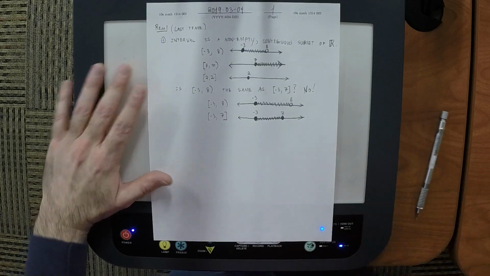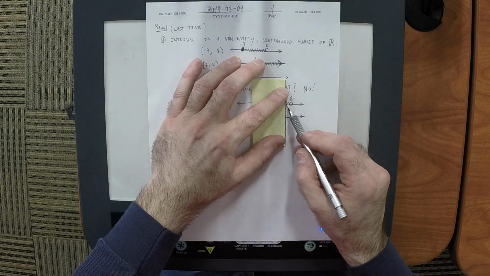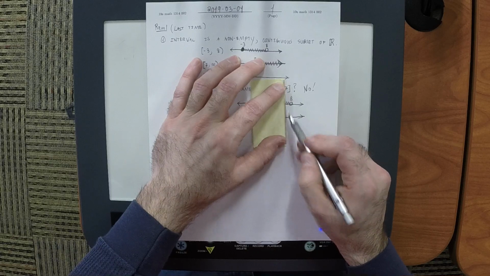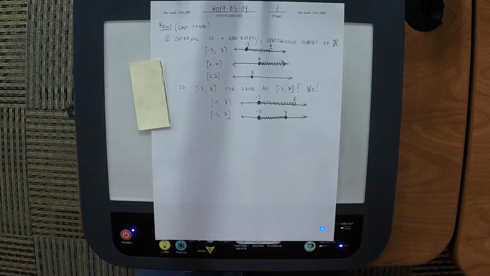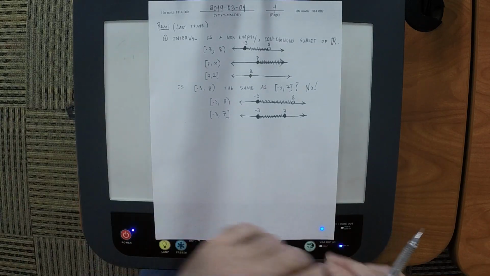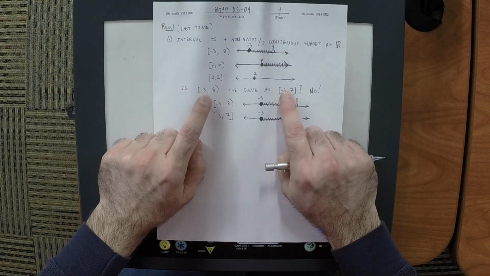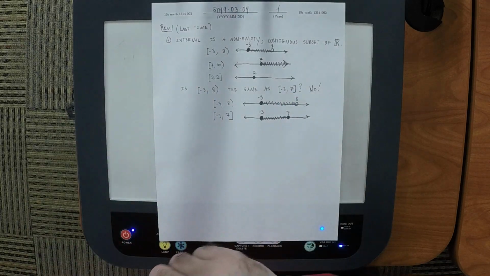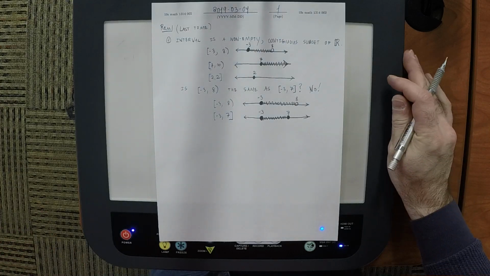No, because, for example, this point right there that I'm pointing to might be like 7.6. 7.6 is in that one, but it's not in that one, right? So can you see these are not the same set? I always take the time to point this out because many students can kind of think that these are the same thing. So if you initially thought these are the same thing, at any rate, you're overlooking the fact that there's other numbers besides integers.